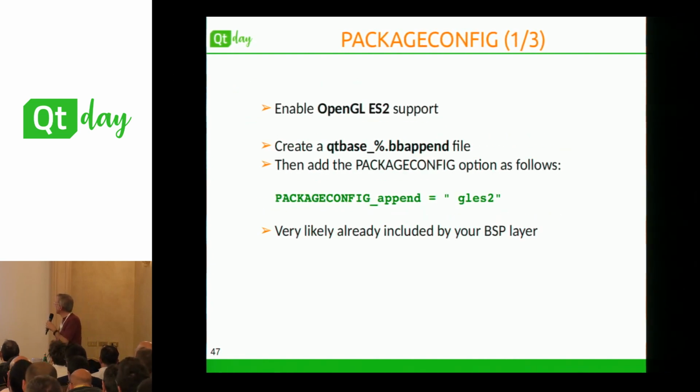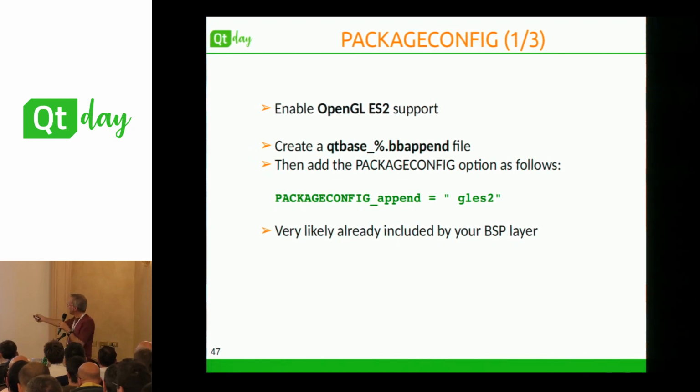Afterwards, you can customize the Qt behavior directly in your layer without touching anything existing in the original layer. This is the standard behavior and the best practice when you are developing with the Yocto project.